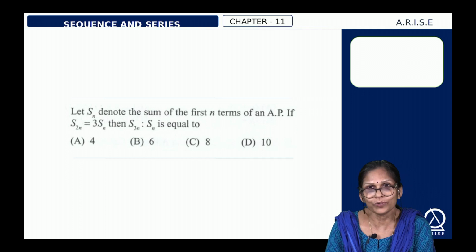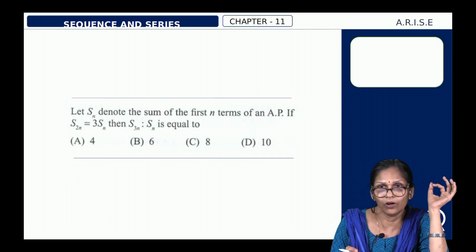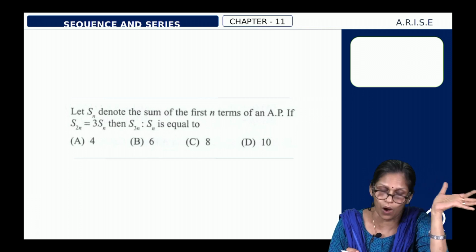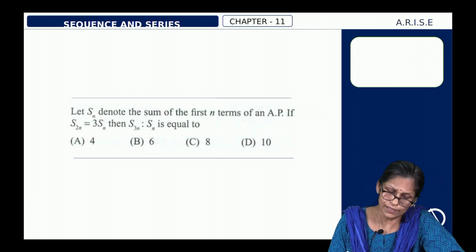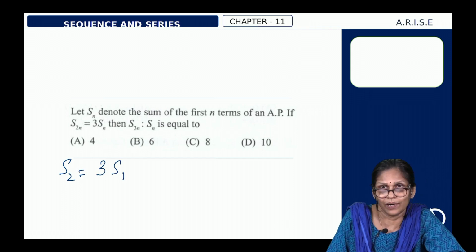But look at it, the options are given to you. Suppose I take a simple thing where n is 1. So what is the data given to you? S2 is 3 times S1.